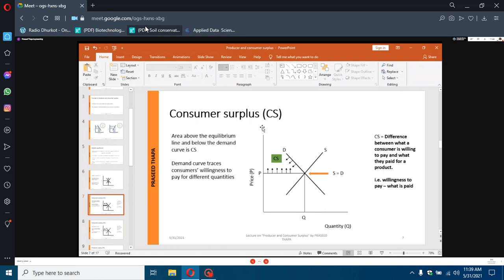It is possible that supply can start from the origin and demand can start by touching the vertical axis. In such a condition, when demand starts by touching from this line, a right angle triangle is formed there. A right angle triangle is formed. You know what the properties of the right angle triangle are?